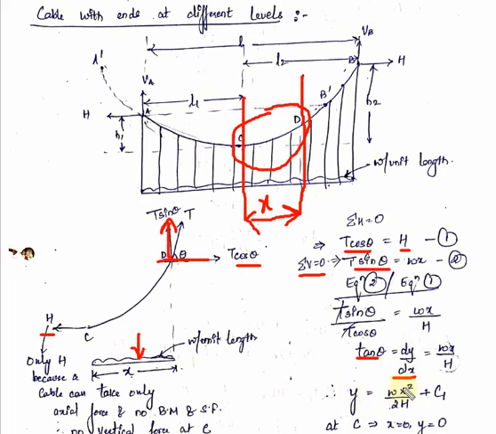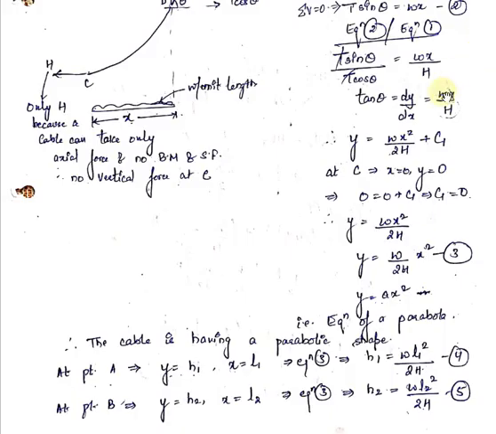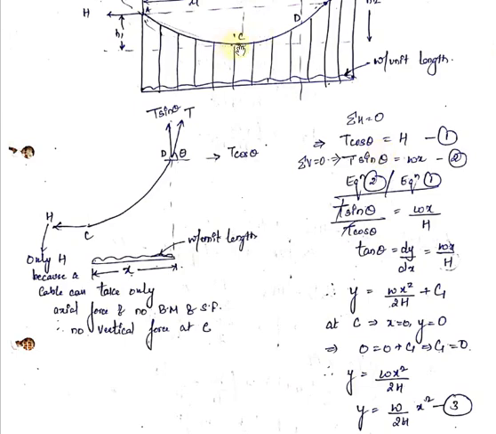And after integration, when we see this equation, w by H is your constant. So when we integrate x, we will get x square by 2 plus a constant. Suppose the constant is c1. So y equal to wx square by 2H plus c1. Now we have taken C point as the origin point.